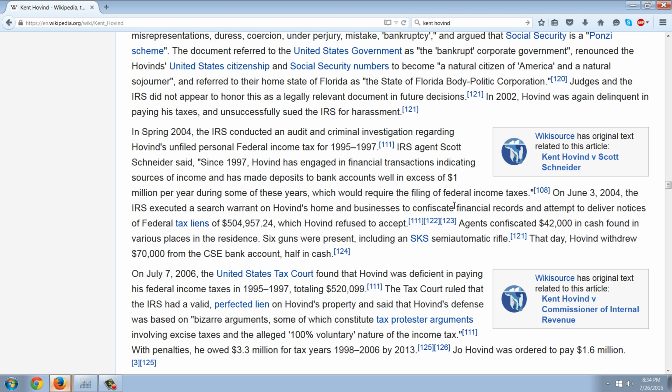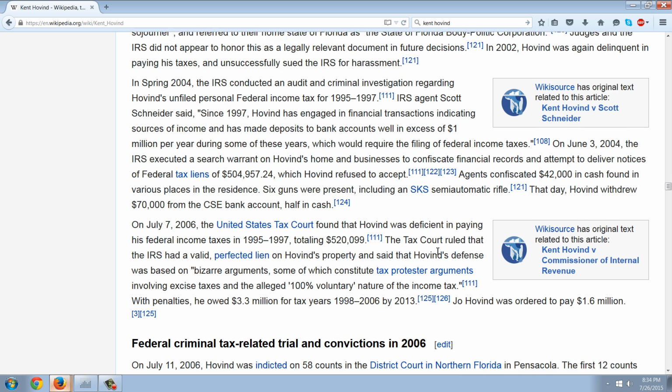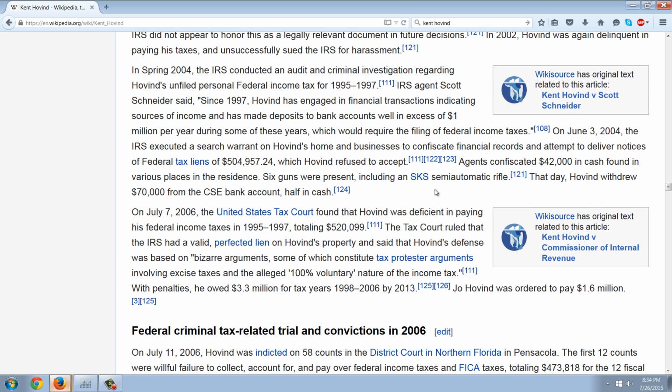On June 3, 2004, the IRS executed a search warrant in Hovind's home and businesses to confiscate financial records and attempt to deliver notices on federal tax liens, which Hovind refused to accept. Agents confiscated $42,000 in cash found in various places in the residence. 6 guns were present. Oh, wow, 6 guns.